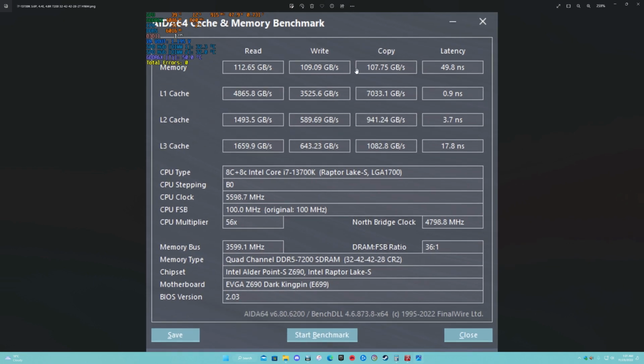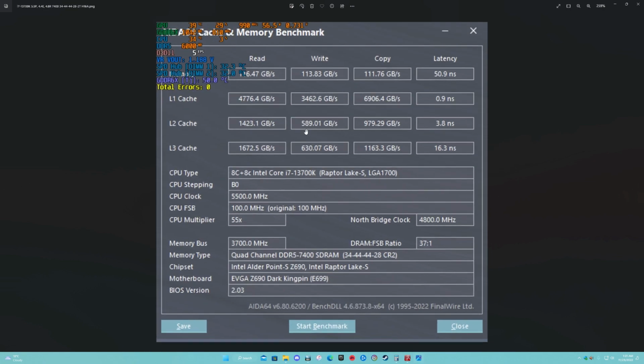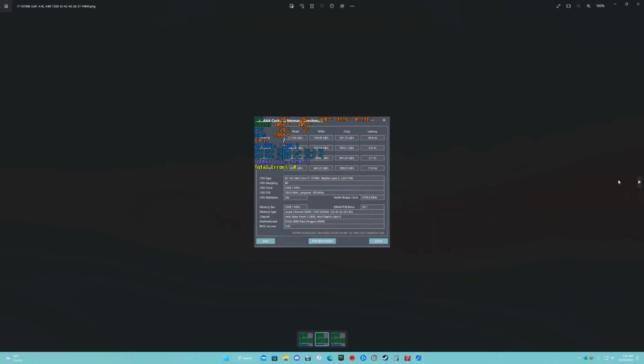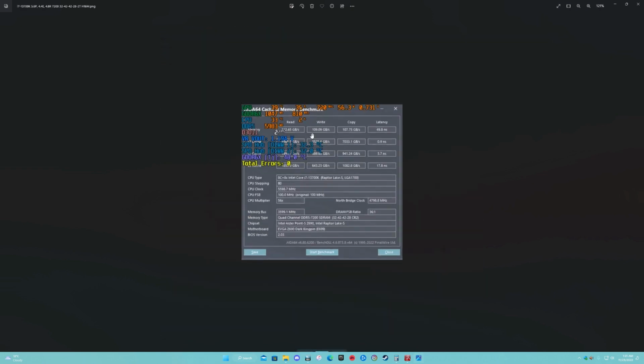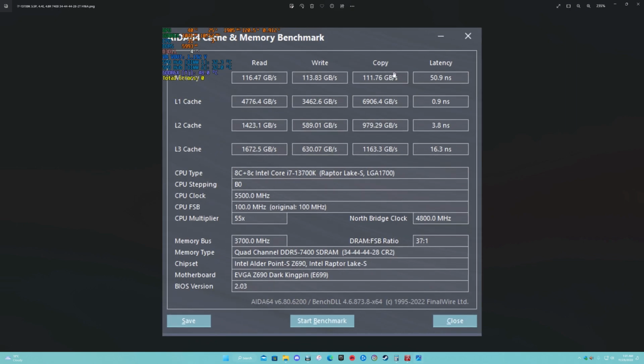The ADI scored quite a bit higher on read and write speed. Latency was up by about 1 nanosecond, 49.8 versus about 1 nanosecond slower, but quite a bit more bandwidth: 112, 109 versus 116, 113. Copy 111 to 107. So this is definitely transferring more data. I would say overall a faster memory speed.